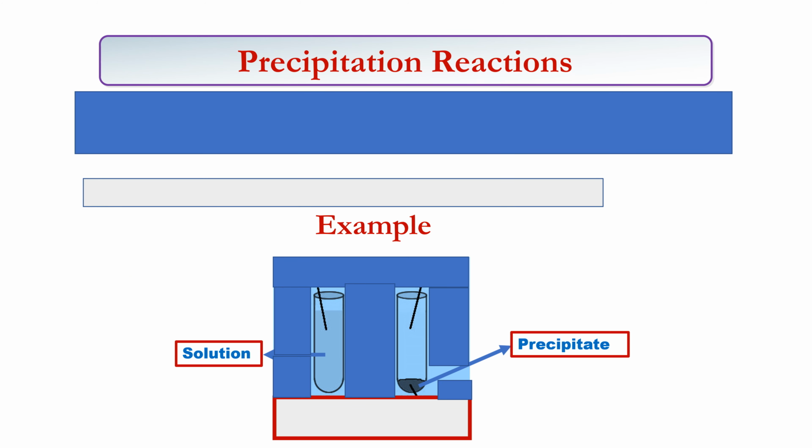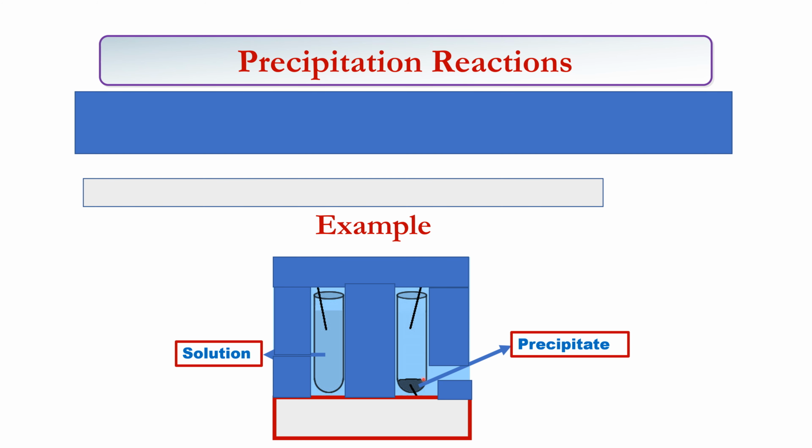We now look at precipitation reactions. A precipitation reaction occurs when you mix two solutions and an insoluble solid separates out of solution and settles at the bottom. If you have a look here, two solutions have been mixed and an insoluble solid has separated out of solution and settled at the bottom.